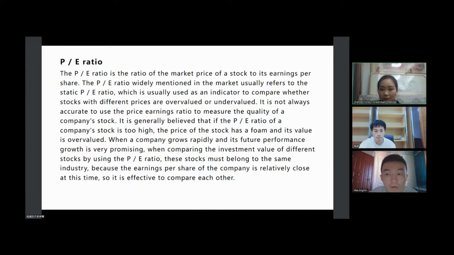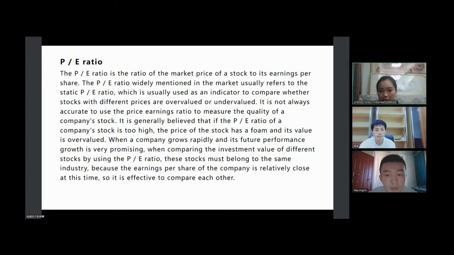It's generally believed that if the P/E ratio of a company's stock is too high, the price of the stock has risen too much and its value is overvalued. But when a company grows rapidly and its future performance growth is very promising, the situation differs.